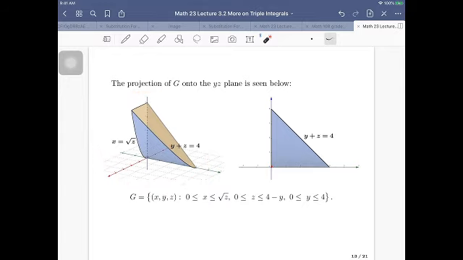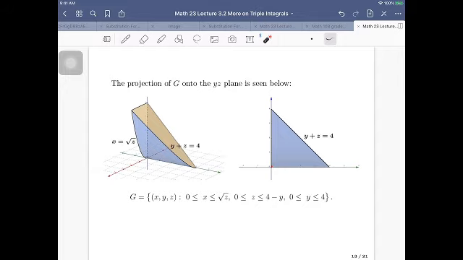So the question now is, do we have a projection onto the xy plane? And after getting the projection onto the xy plane, is it clear that throughout all the points of that projection you can find definite ceiling functions and floor functions? And the answer is yes.